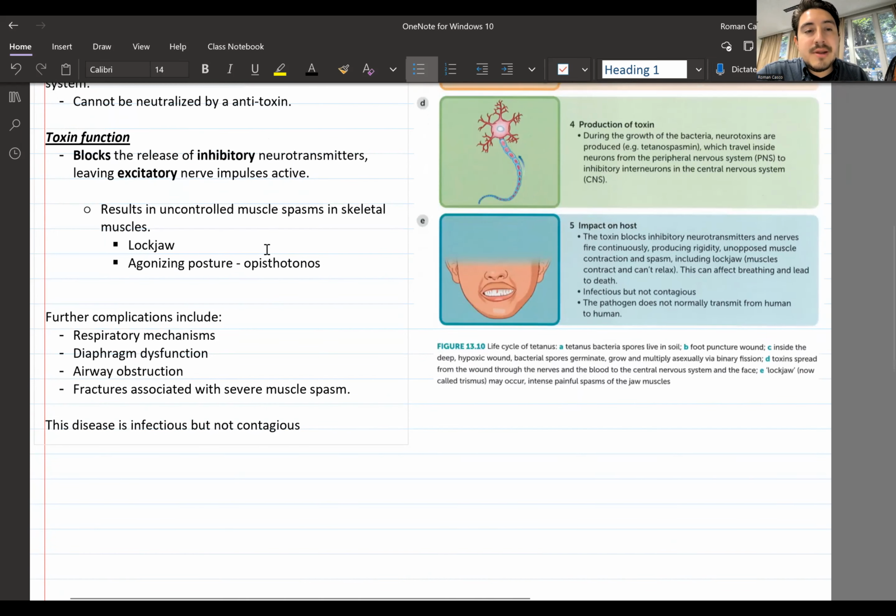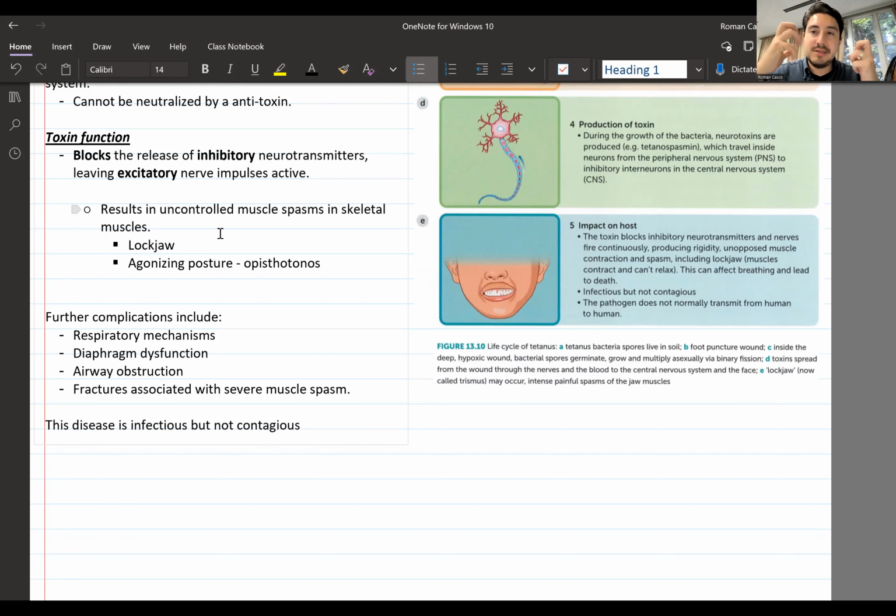If you remember from the pictures I showed you in the previous chapter, one of the defining features is lockjaw: you can't open your mouth, your jaw is locked in position because of that excitatory response.